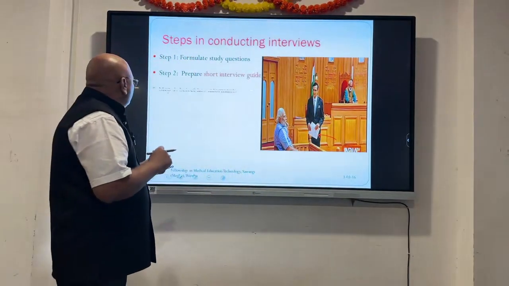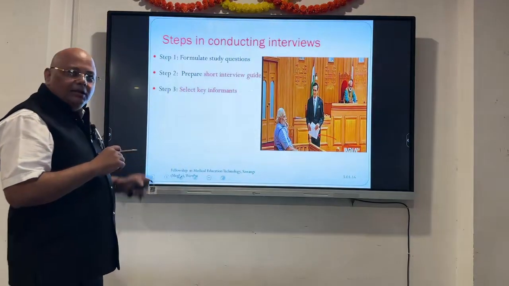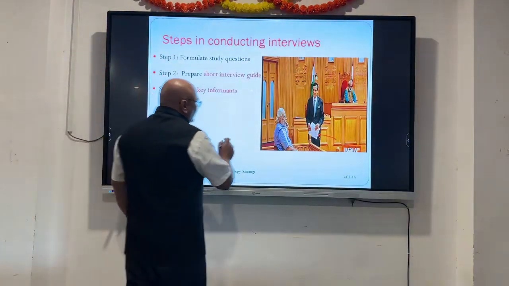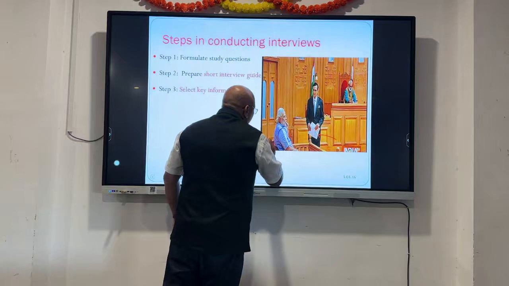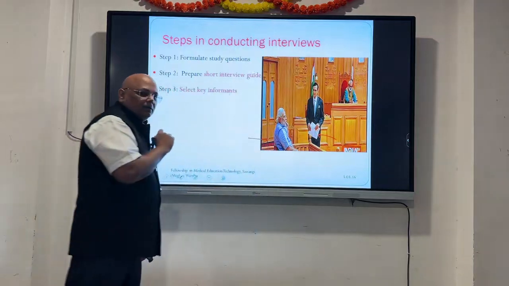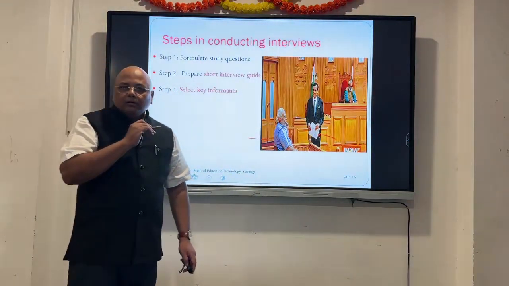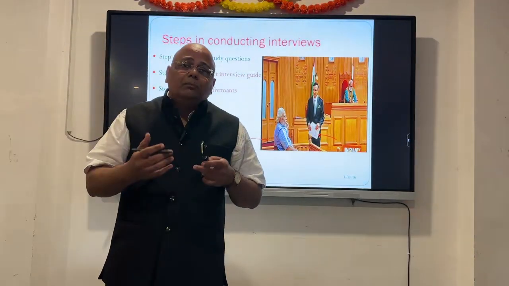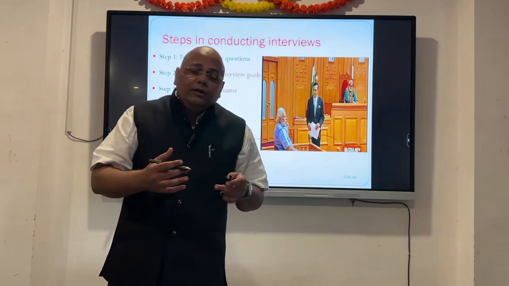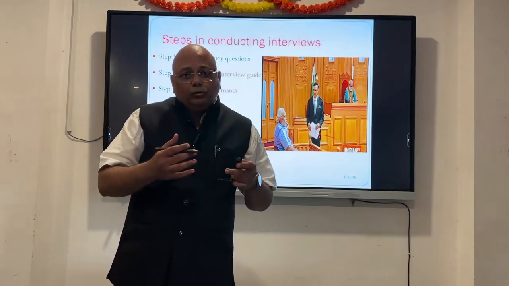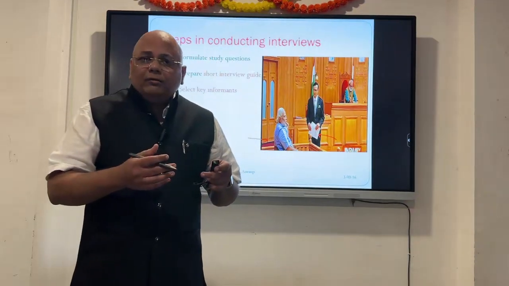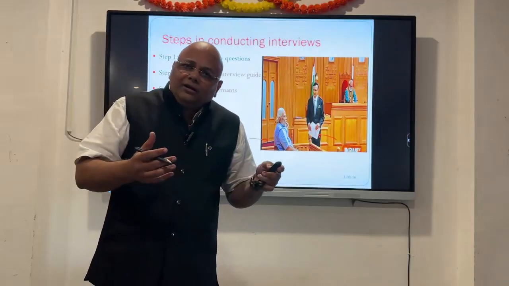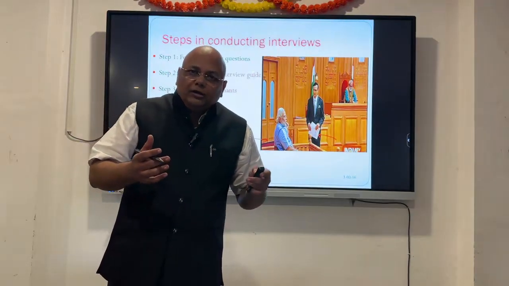Short interview guide. Then third, select the key informant. He has definitely selected the key informant here in the form of Modi ji. Because this question is to be posed to somebody very important. We cannot pose this particular important question to a block development officer who is working at the district level. No, not at all. He is not the key informant.